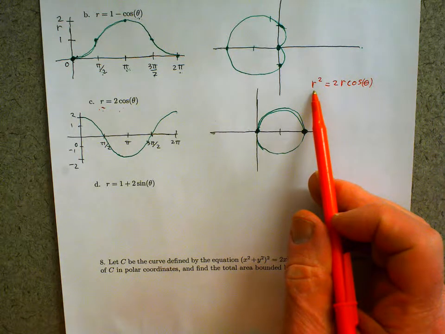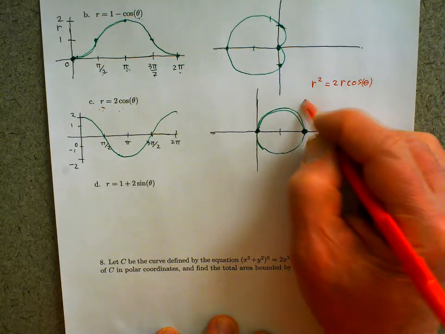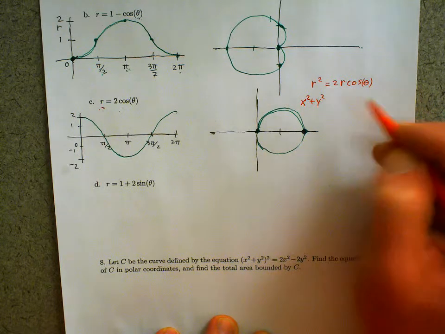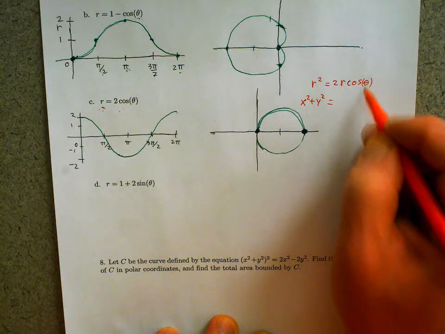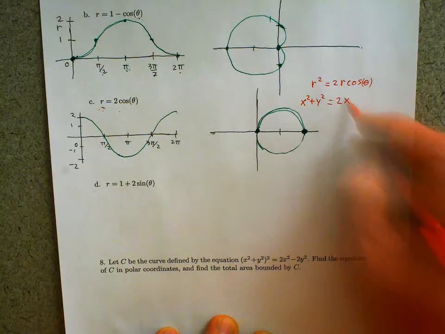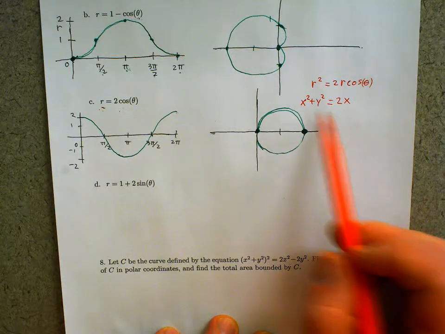And r squared is x squared plus y squared when we convert to rectangular coordinates. r cosine of theta is x, so we get x squared plus y squared equals 2x. And this is an equation of a circle.